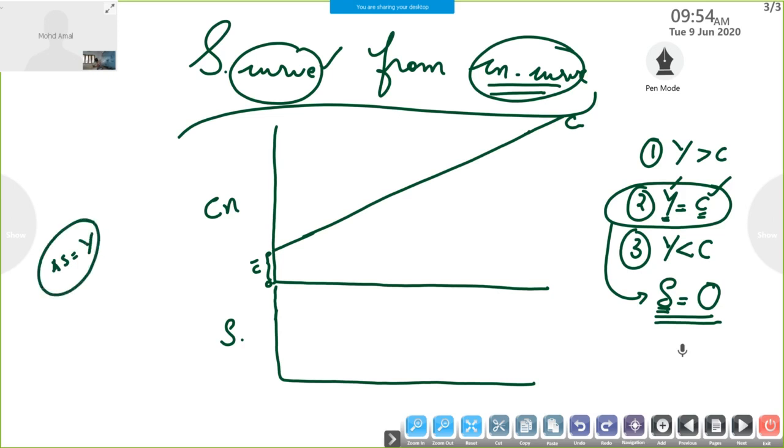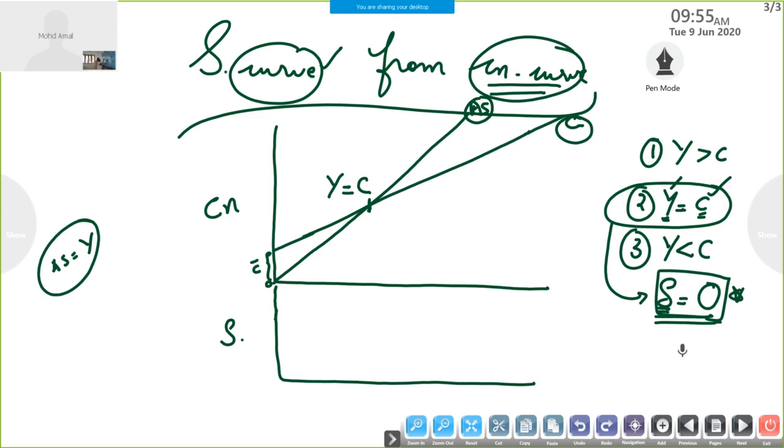So we can use AS curve. AS curve is a 45-degree line or guideline. So next you have to draw AS curve. Here consumption curve and AS curve intersected at this point. This point shows Y, AS means Y, level of income, Y is equal to C, that is break even point.